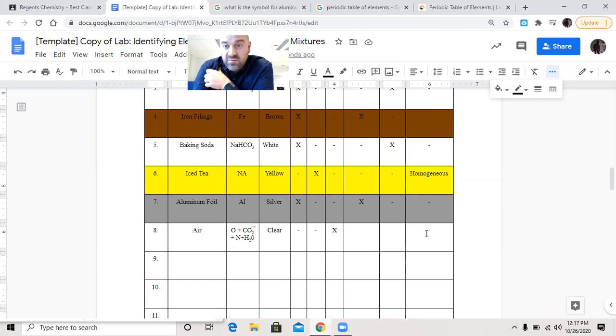So homogeneous mixture, a few of you guys got that. Yeah, so it's going to be a homogeneous mixture. Basically, anything where you have several compounds together, it's a mixture.